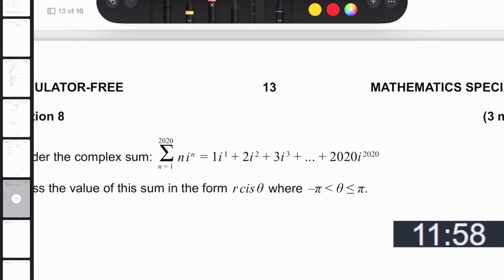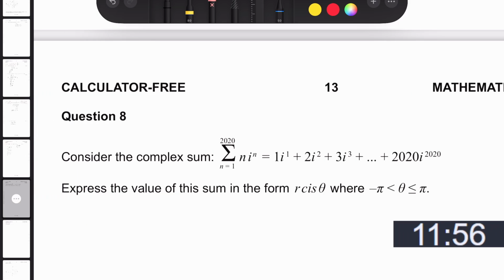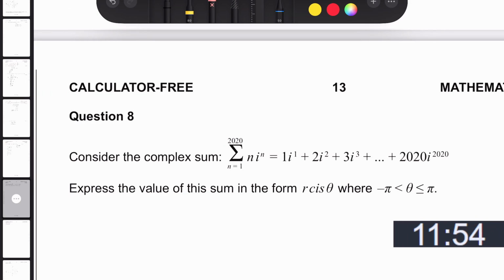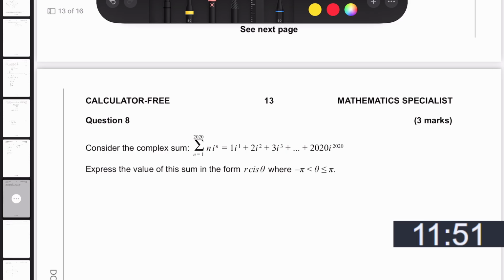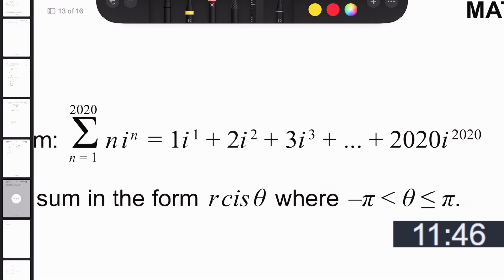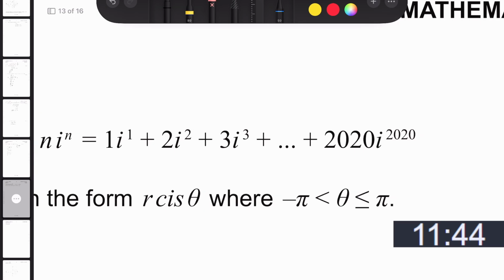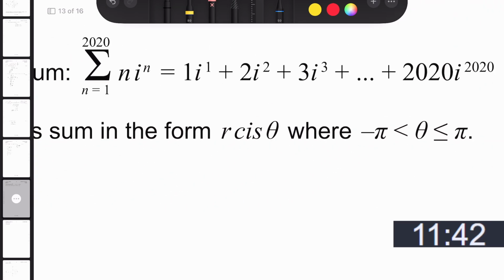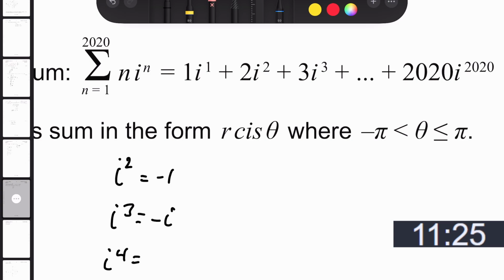Here, consider the sum of i to the n, expressed by r cis theta. So i squared is -1, i cubed is equal to -i, and then i to the 4 equals 1.